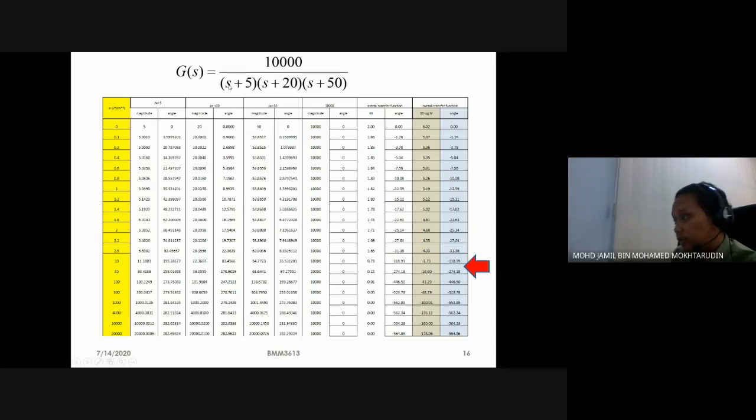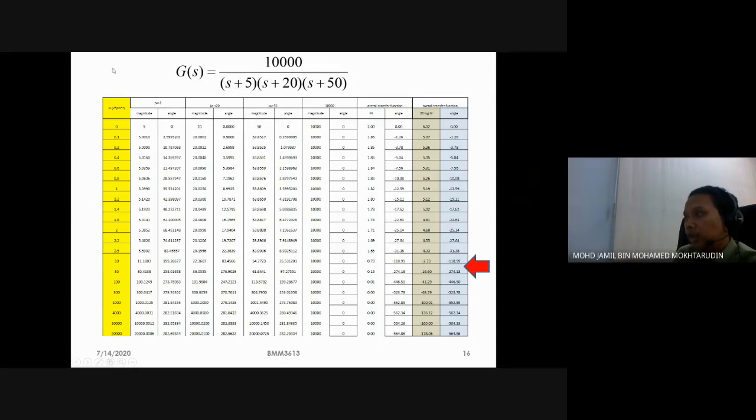After you substitute s equals j omega, you substitute omega for each frequency given, for each pole and zero from the transfer function. For example, if omega equals 0, start with the first one, s plus 5.